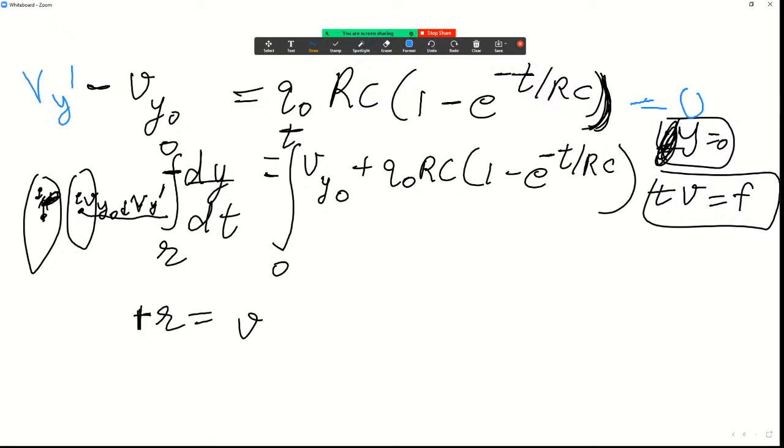So we would get Vy 0 times t plus Q naught RC times t minus this integration, RC e to the negative t over RC.